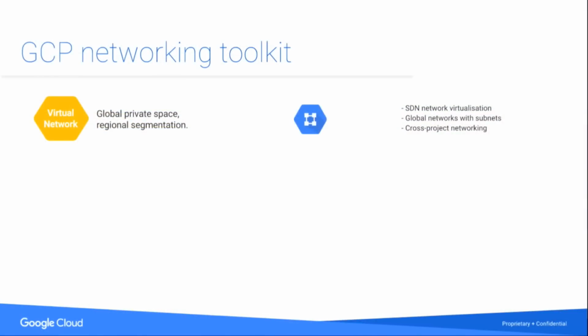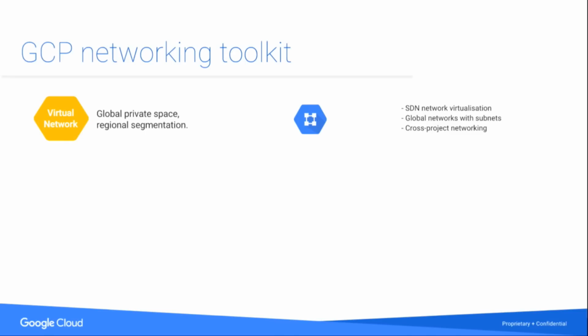So to step through this, from a virtual network perspective, firstly, Google Cloud Platform allows you to create software-defined networks simply through the Cloud Console, through configuration. And what this lets you do is create networks that are global in nature and span across multiple regions. You also have the ability, as of recently, to have cross-project networking.